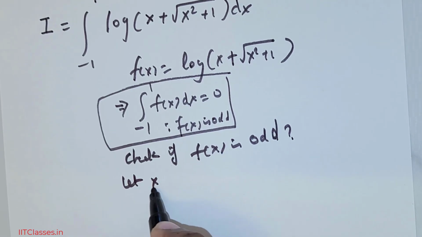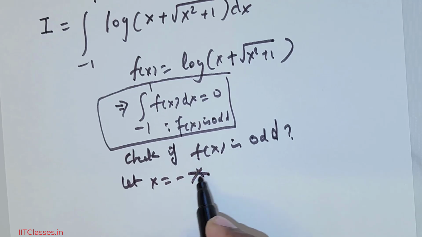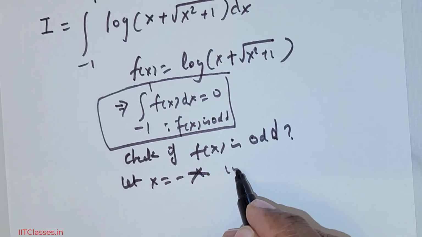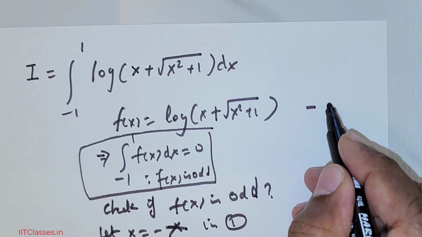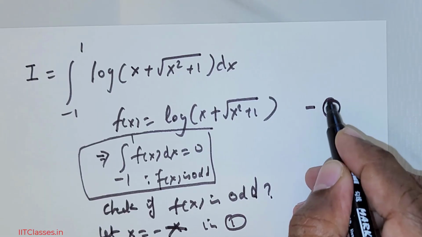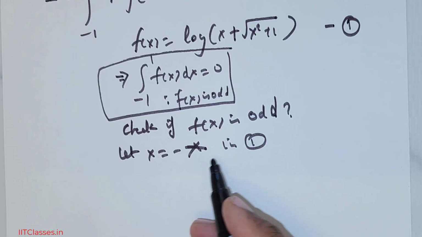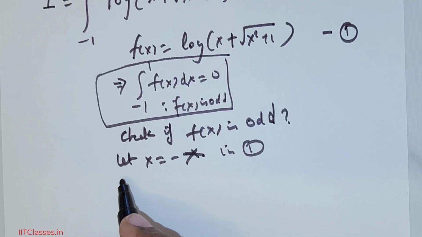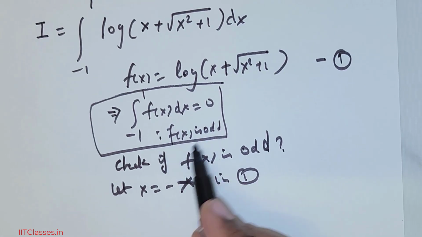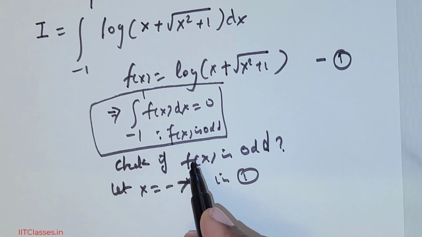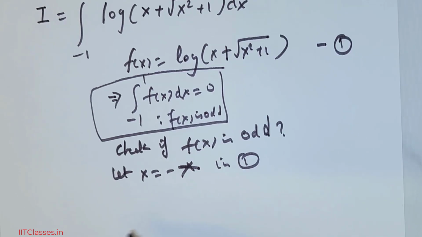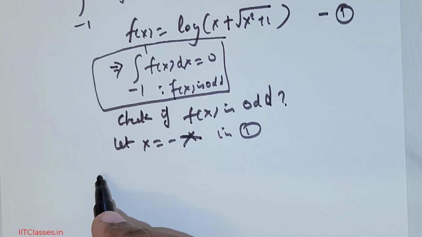So for that, let x be replaced by negative x in f of x, and I am going to ascertain the claim, or I would say the hypothesis. You can take it in whatever manner you want.